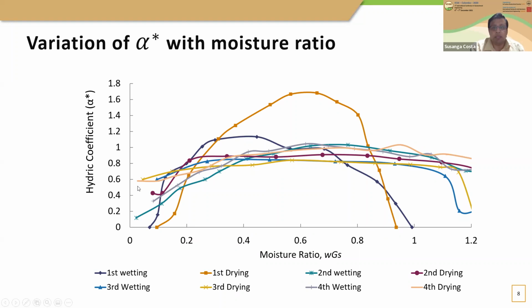You can also see that at low moisture contents, alpha star is low and it increases with the moisture content approximately up to 1, reaching a peak. And then it stays there for a substantial period. And then it starts to come down towards the end of the cycle.